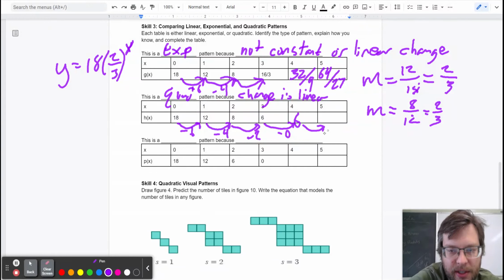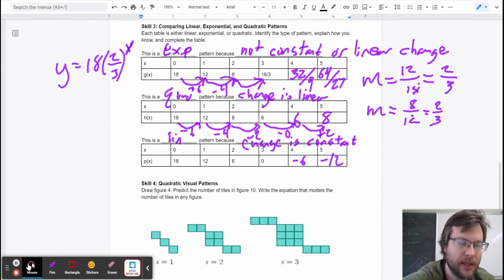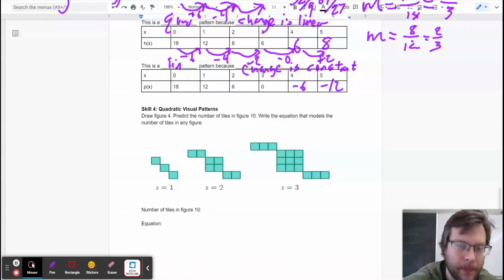And then the next change is going to be plus 2. So it's going to go back up to 8. And the last one is linear because the change is constant. Each time it goes by minus 6. And so that's how you identify the type of pattern that we're looking at.